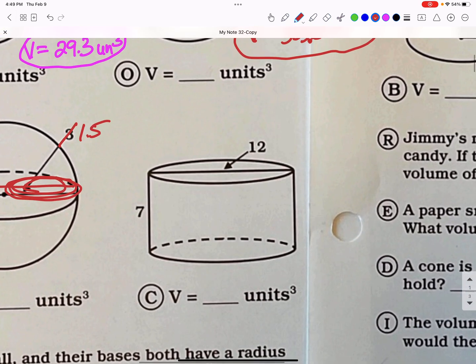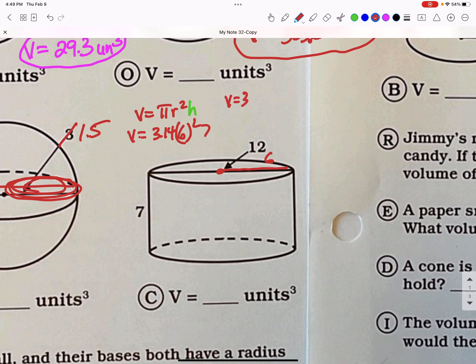All right, over here, pretty easy one. This is just not 12, it's 6. So my volume is going to be a circle that I give some height to. That's how I make this shape. A circle with some height. Okay, 3.14 times the radius squared times 7.